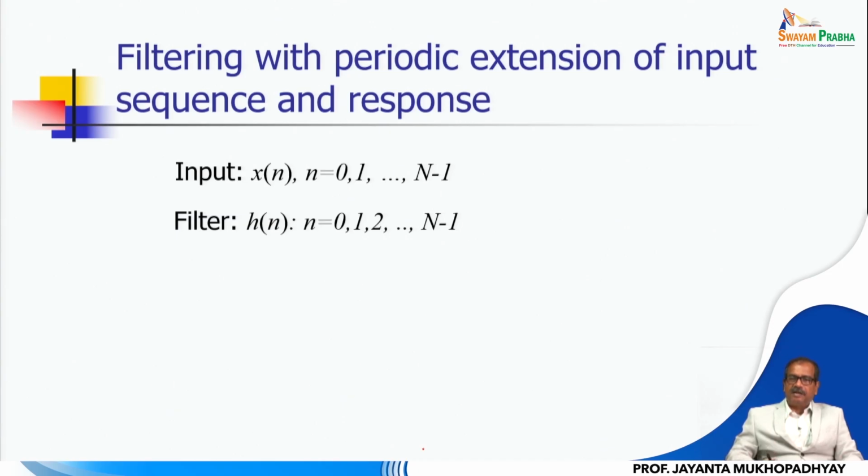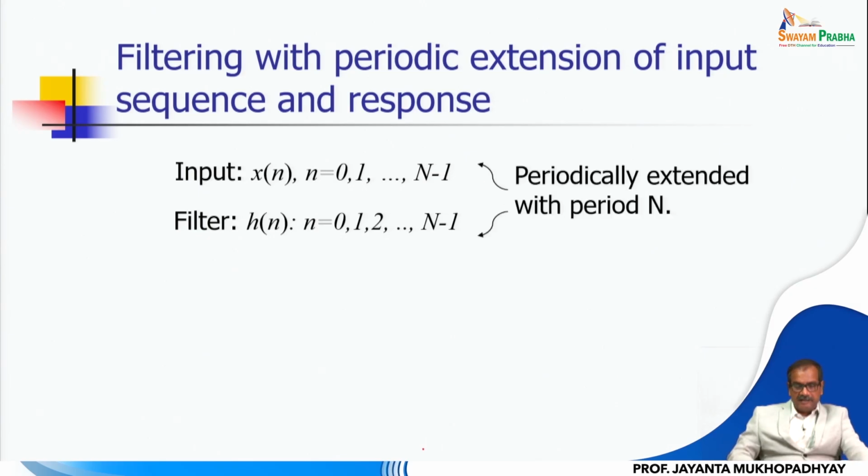If it is of the same period, then you can show that your output would also be of the same period, and it is enough to compute with this input and response specification only for N samples of that period, because only one period reconstruction is sufficient. It will be repeating again. So your output would also be of the same length as a result, and this is the operation.